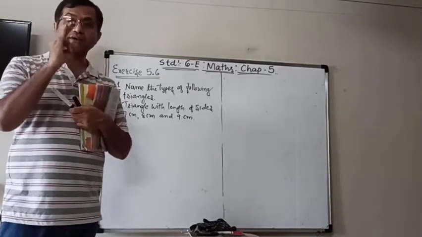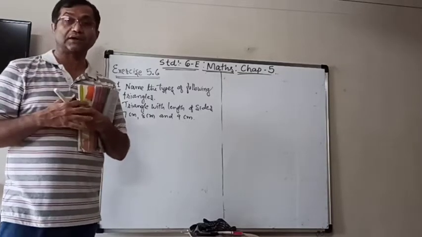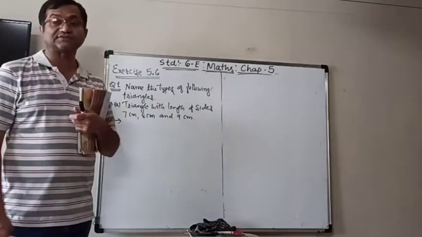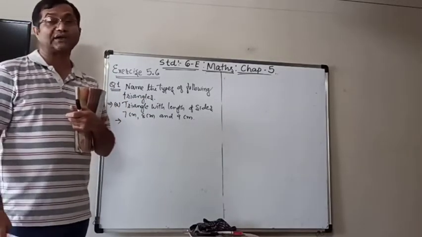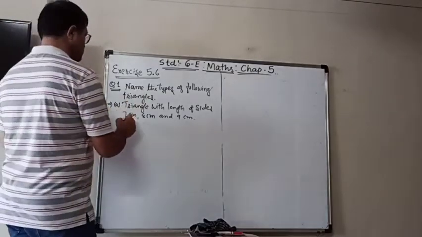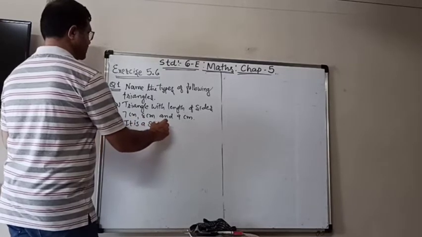So it can be either an equilateral, isosceles or scalene triangle. Now we know that here all three sides are of different size. Then which type of triangle is it? Obviously it is a scalene triangle. So we can write down it is a scalene triangle.